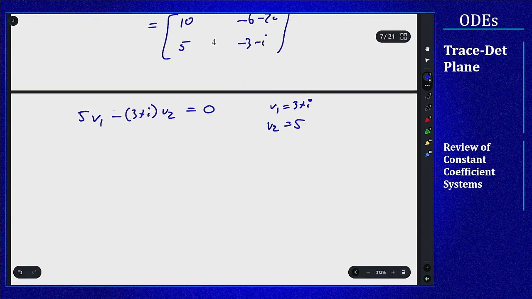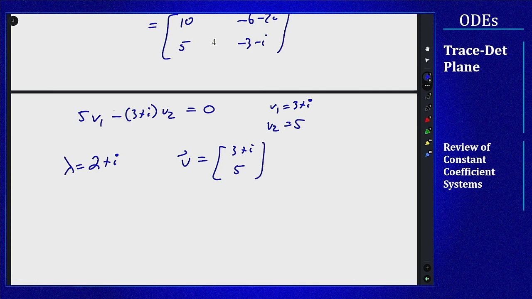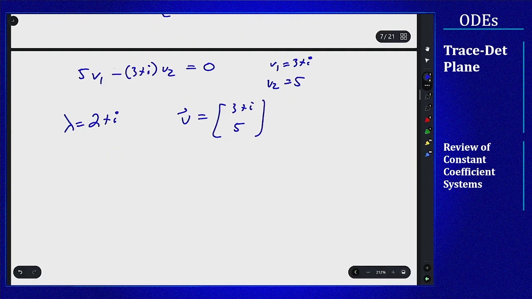So what I get here is my eigenvalue is 2 plus i, my eigenvector is (3 plus i, 5). So therefore, my complex solution will look like the following. X of t is e to the (2 plus i)t times (3 plus i, 5).